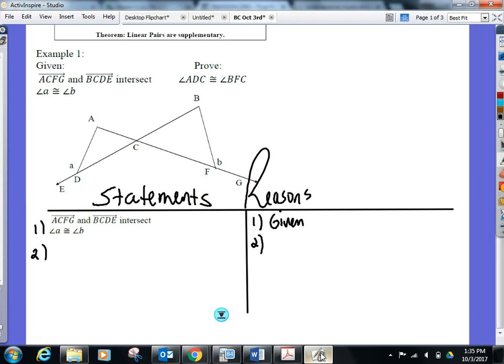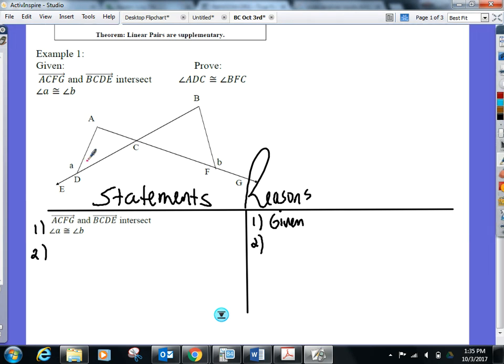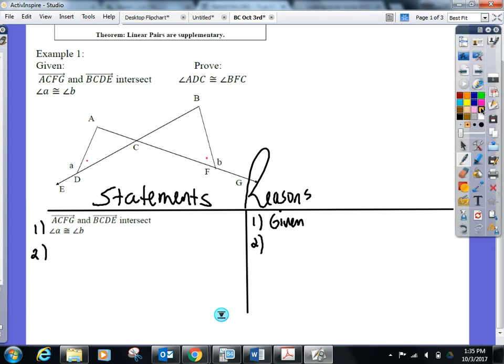All right, take a look at the angles I'm asking you to prove congruent now. Please locate them. All right, ADC. That's the angle some of you marked congruent originally. So ADC, I'm just going to put a little dot there, and BFC, this one right there. So I need to prove those two congruent, knowing A and B are congruent.